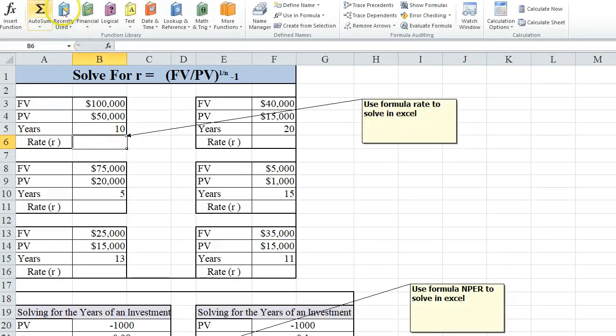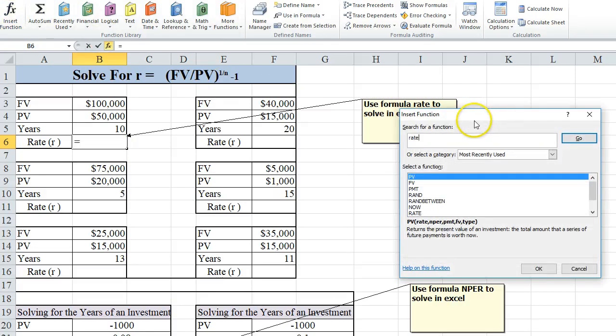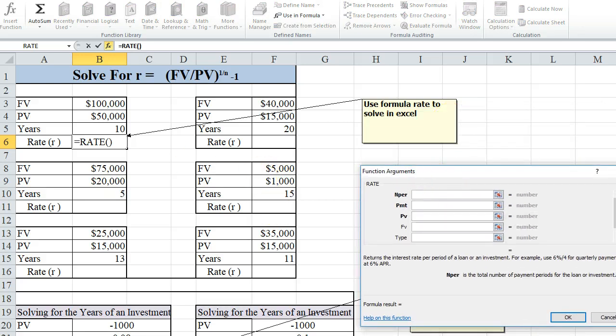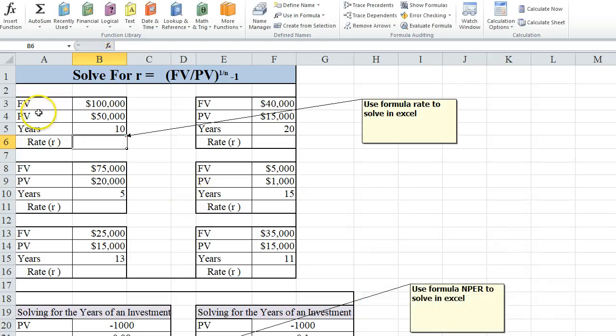So let's go to formulas, and we can search for rate. And we get our dialog box. So N per would be the years. Now let me just put this in here.